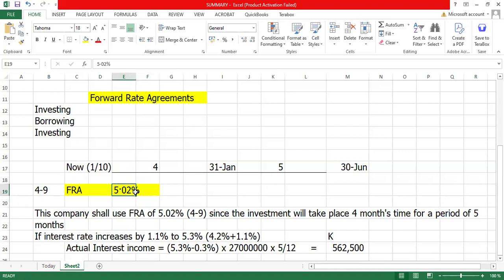As an investor, your worry is about the rate falling or decreasing, so you enter an agreement saying that the rate should not decrease below this.